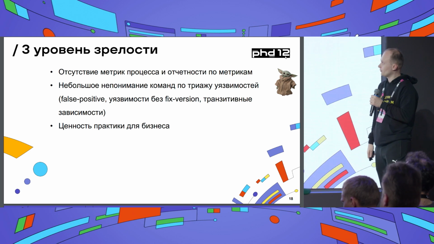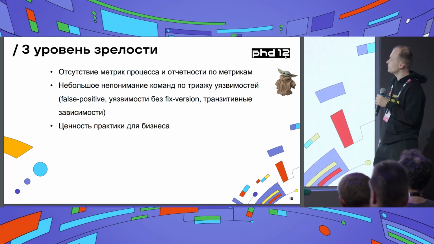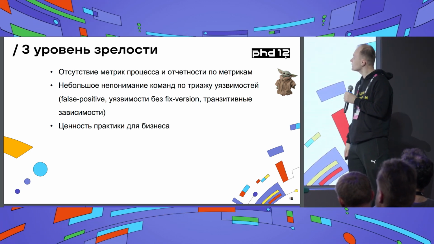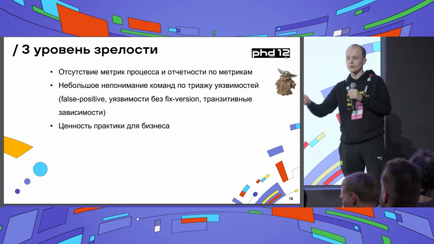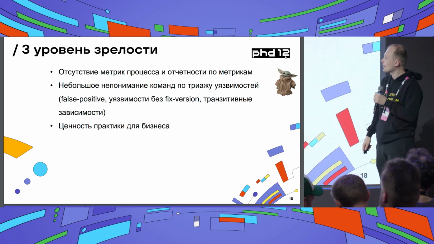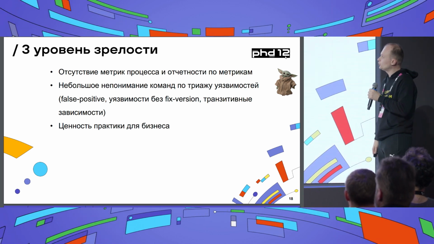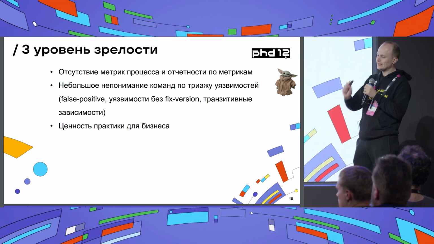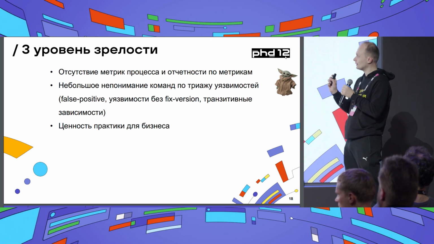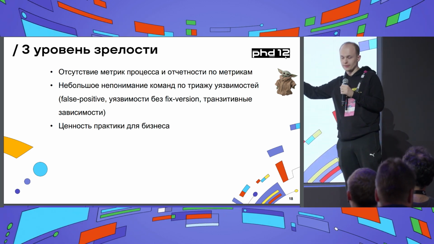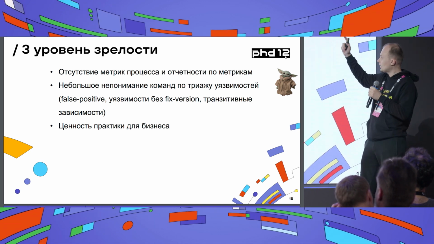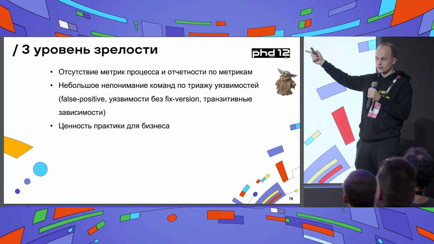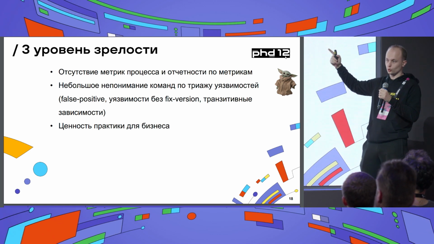We reached level 3, but at level 3 we don't have metrics of the process and reporting, quantity, quality, so you have to start deploying them. And teams do not quite understand how to triage vulnerabilities, what to do with false positives, because you don't know that it is false.